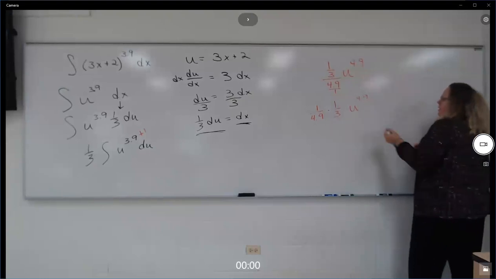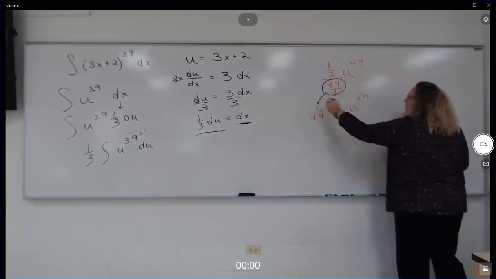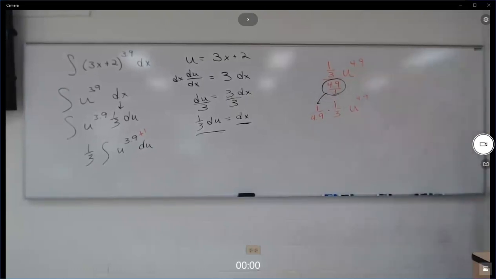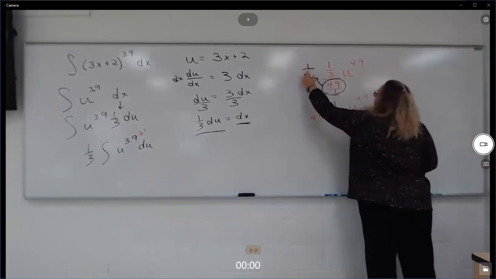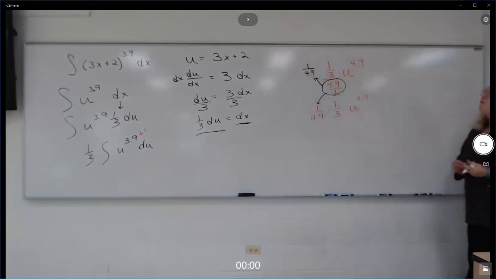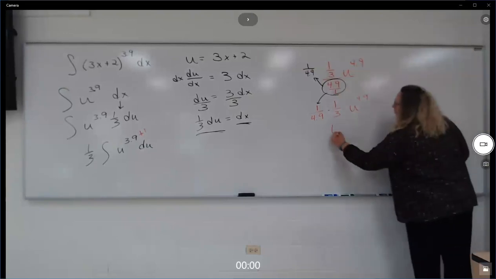So I made this guy, put it over 1, and then instead of dividing, multiply by the reciprocal. You could also just put it up here if you want. But I made that 4.9 a fraction so that I could multiply by the reciprocal. Okay, so that gives us what?